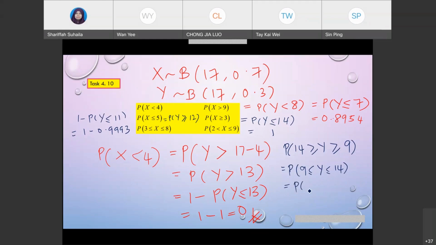So probability y less than or equals to 14 minus y less than or equals to 8, because we want 9 up to 14. So y less than or equals to 14 is 1. Find y less than or equals to 8 from your stats table: 0.9597. Then you get the answer.